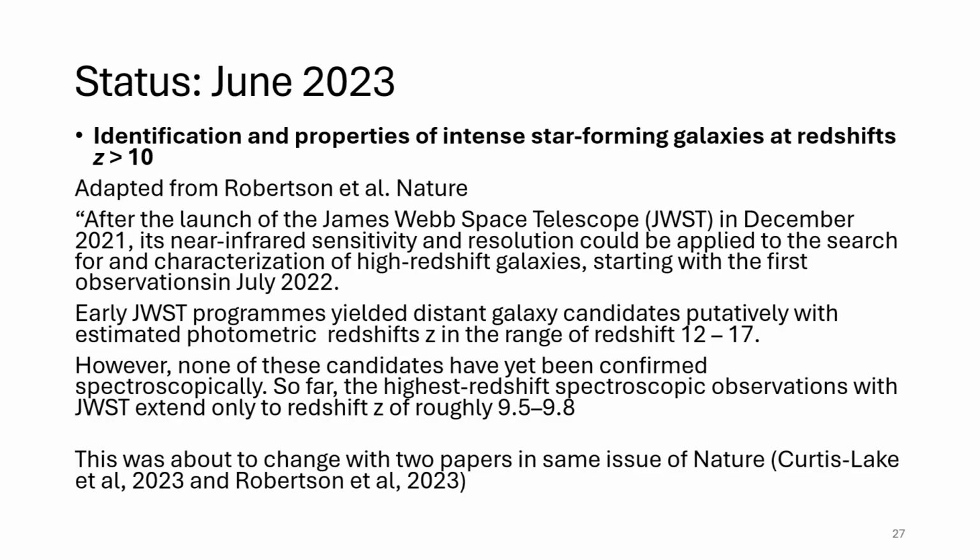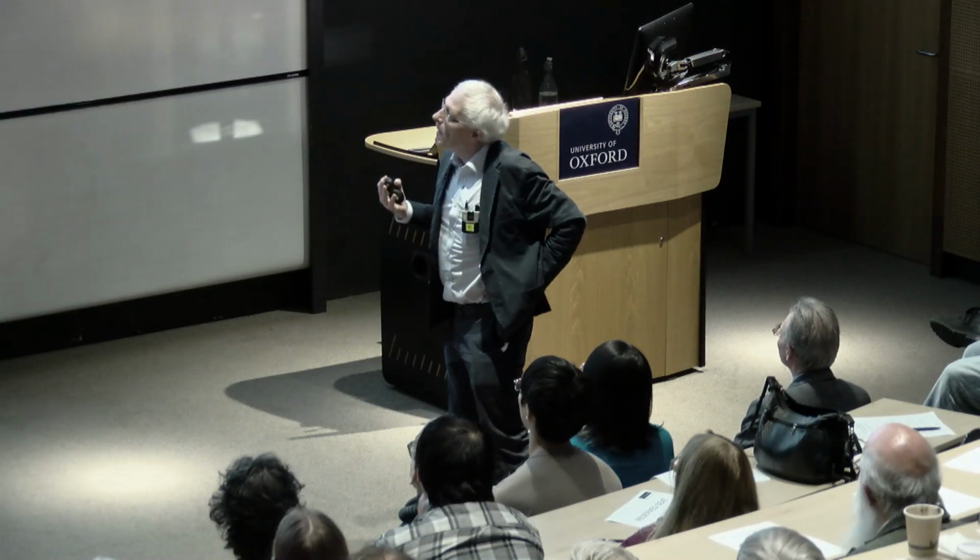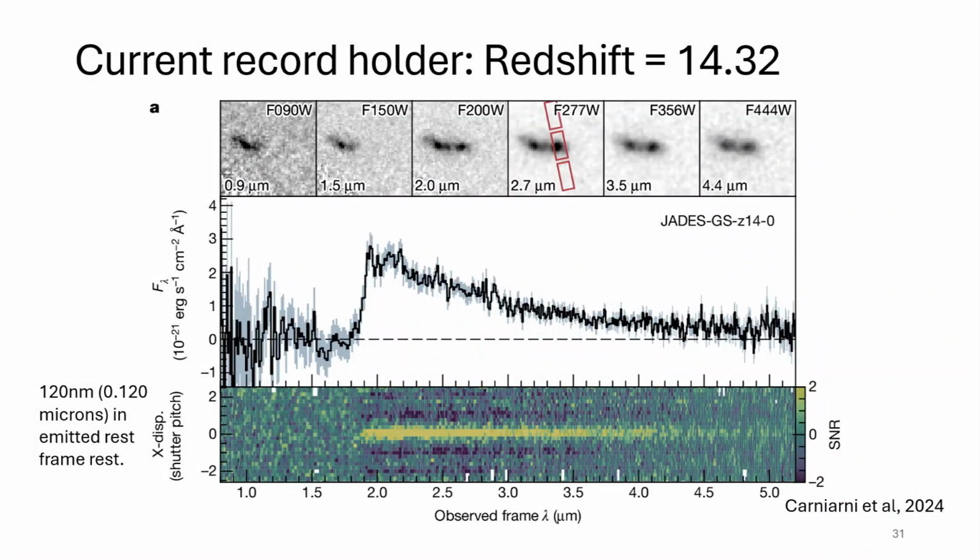So this is how we measure a redshift. We take a spectrum, and this is all in the near infrared, which is not visible to the eye. The signature that tells us this object is at a redshift of 14 is this sharp break.